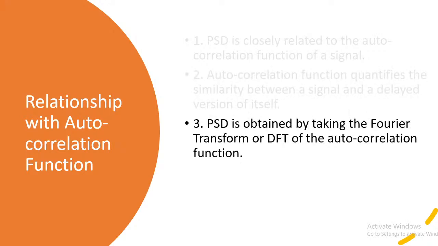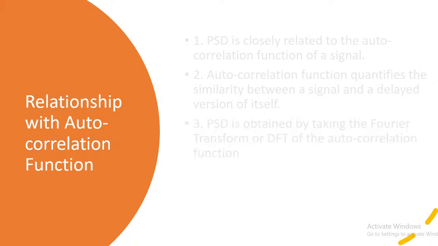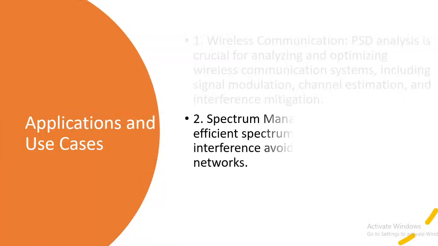So take a signal, take a delayed version of it, then find their correlation or similarity, and that gives you the autocorrelation of the signal. The PSD is obtained by taking the Fourier transform or the DFT of the autocorrelation function.